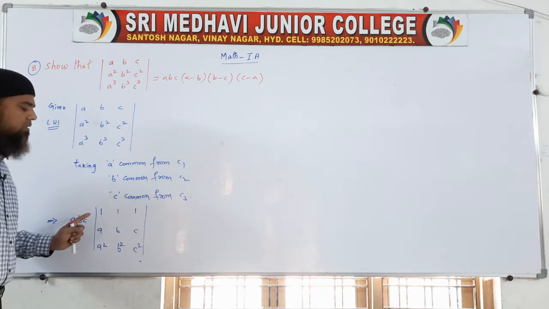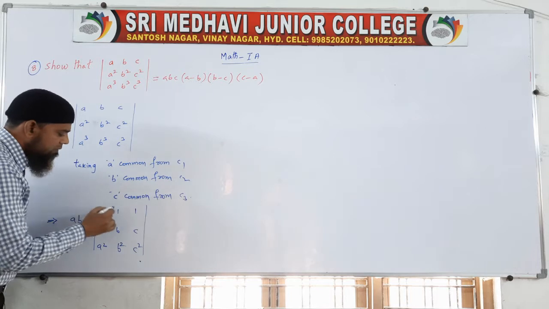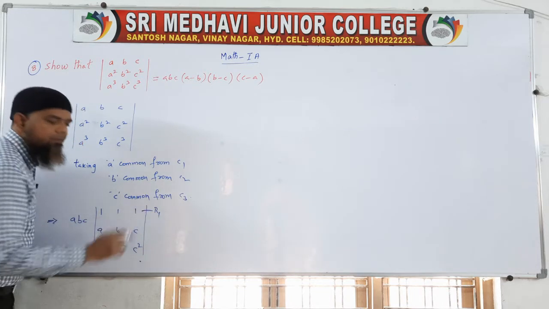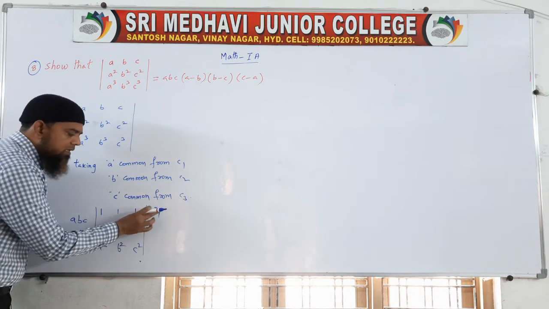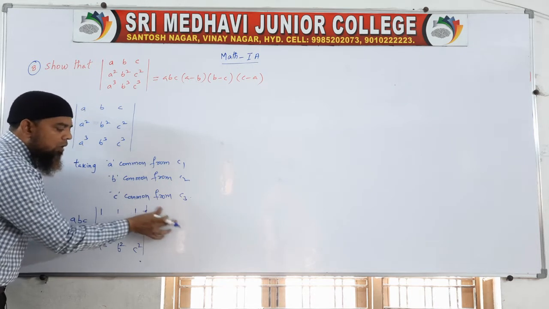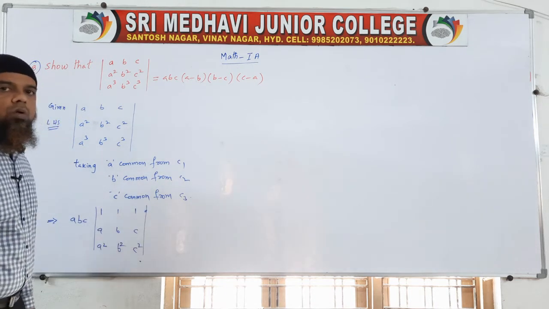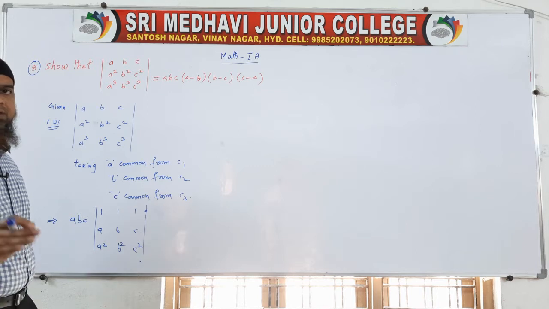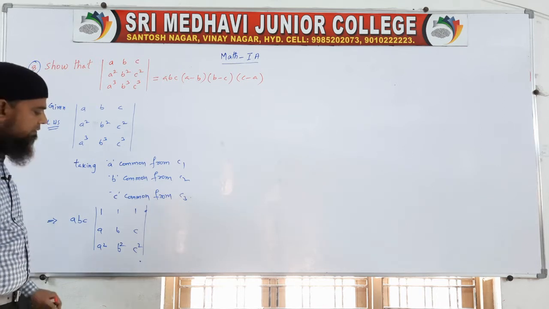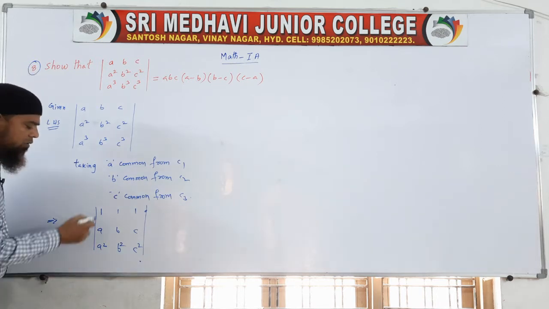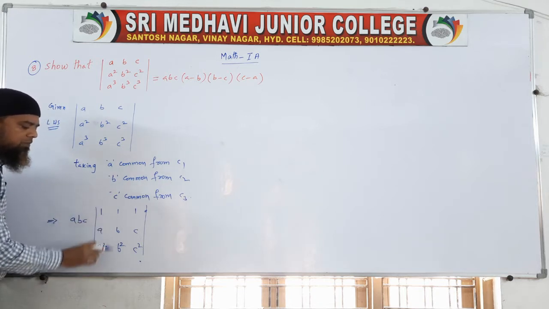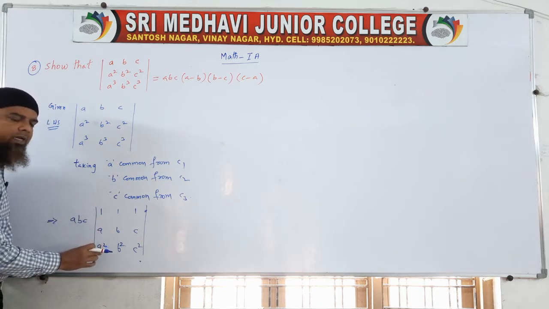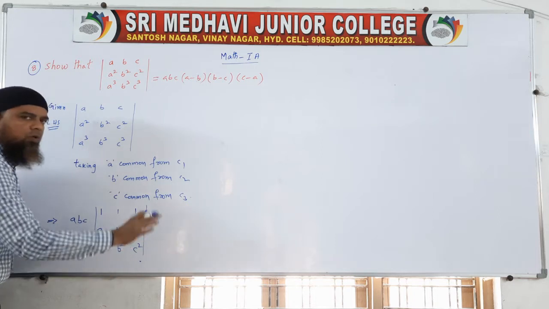Here ones are present in a row, 1 1 1 is present in R1. Then which operations do we have to do? Column operations, C1, C2, C3. From that, again we have to fix C1. You should not disturb C1, so automatically C2, C3 are going to change.